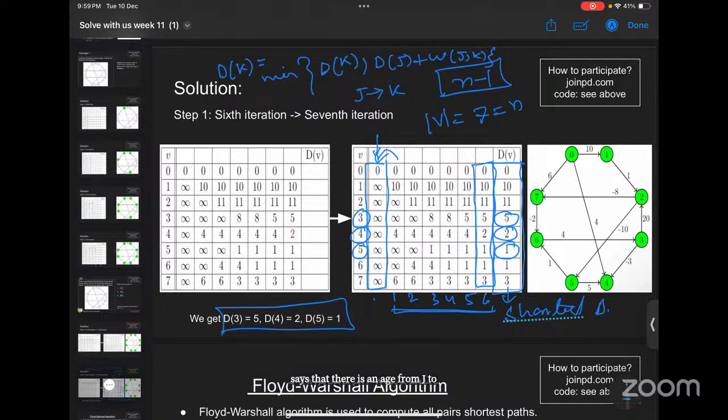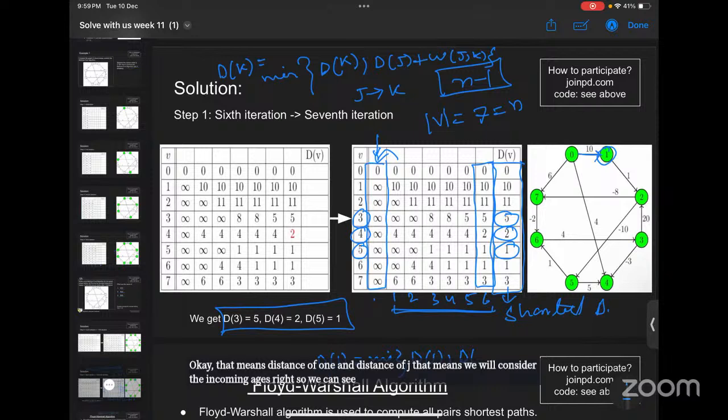Just for example, suppose I want to calculate the distance of 1 in the next step. So in the next step, the distance of 1 will be the minimum of distance of k, that means distance of 1, and distance of j, that means we will consider the incoming edges, right? So we can see only one incoming edge is there, which is from 0. So distance of 0 plus the weight of the edge 0 comma 1.